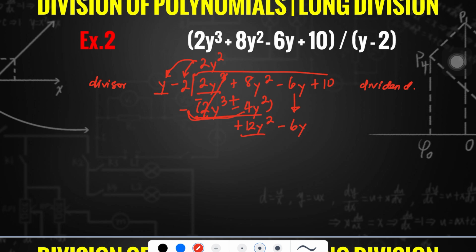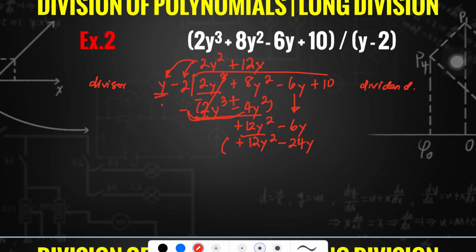Divide the first term of your dividend by the first term of your divisor. We have 12y squared divided by y, that's positive 12y. Multiply 12y times y, positive 12y squared. 12y times negative 2, that's negative 24y.